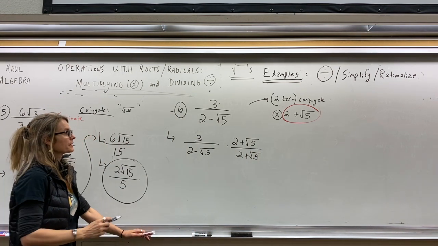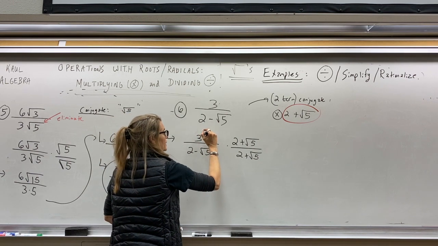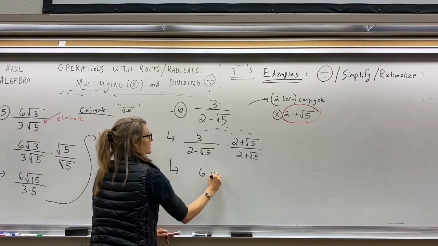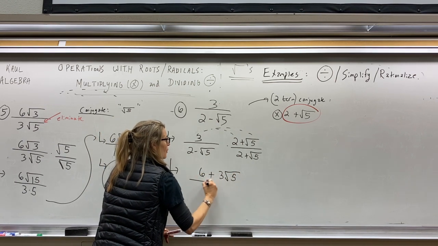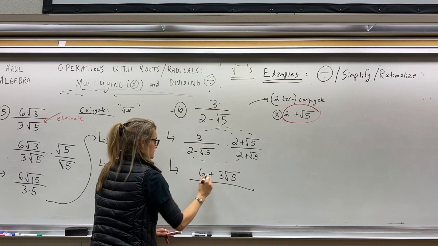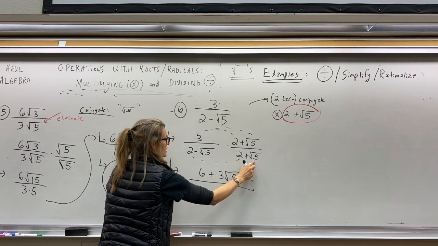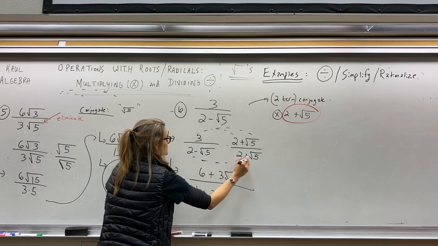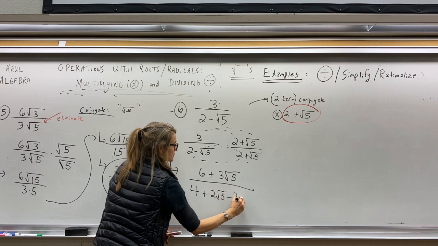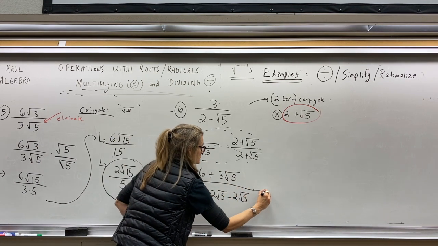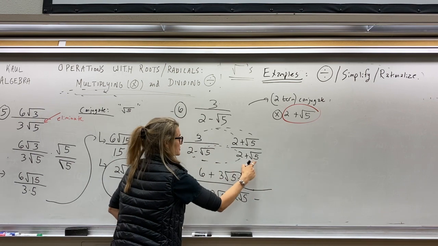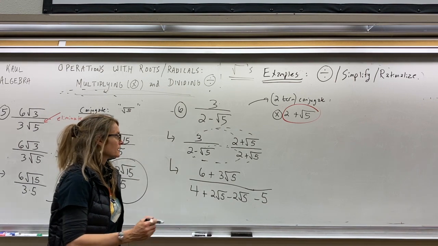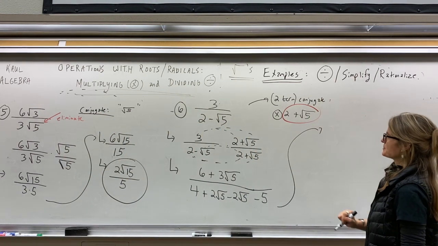And what I end up with here is, if I go ahead and distribute, I get 6 plus 3 square roots of 5 over 2 times 2, which is 4, 2 times the square root of 5, minus 2 square roots of 5, and then minus the square root of 5 times the square root of 5, square root of 25, or just 5.